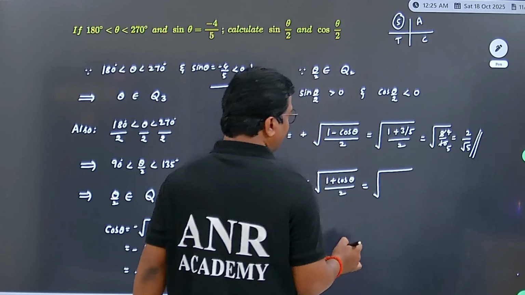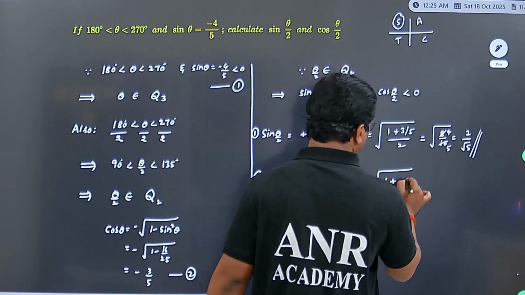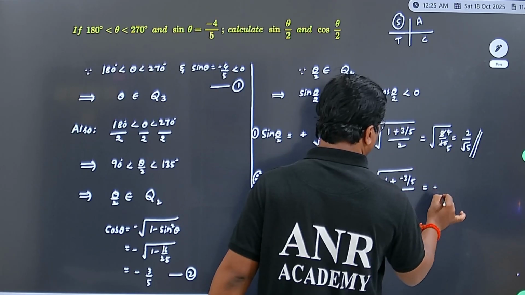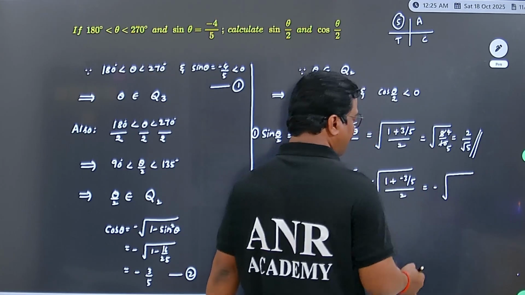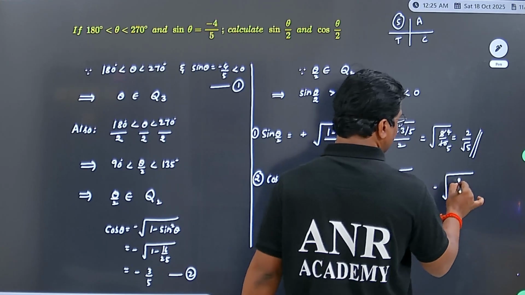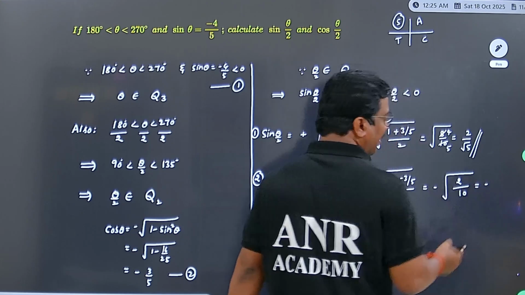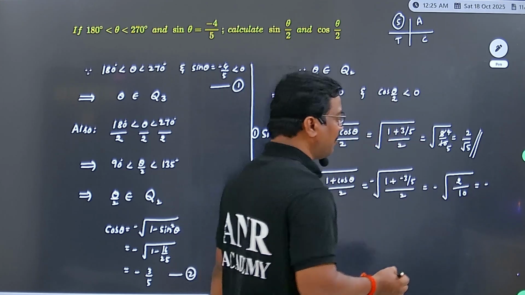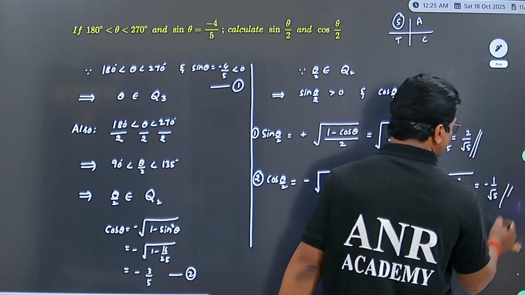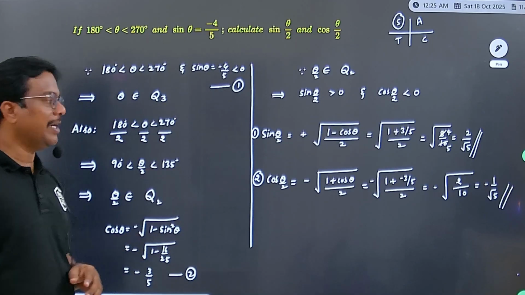Minus sign outside, root over 1 plus cos theta, whose value here is minus 3 by 5, whole divided by 2. That is minus outside, root over, denominator part 10, 5 minus 3 that is 2, minus 2 by 10, value 1 by 5, root 1 value 1, in the denominator part you have root 5. So this is the cos theta by 2 value, and that is the sin theta by 2 value.